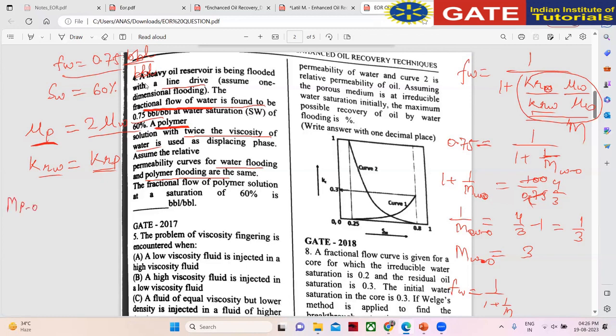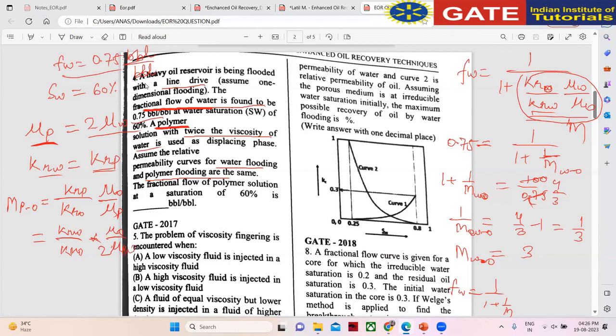Mobility of polymer oil will be KRP divided by KRO and mu O divided by mu P. Okay. So your relative permeability of polymer is equal to the relative permeability of water, and your oil viscosity and oil permeability will be same, and the viscosity of polymer will be twice the viscosity of your water.